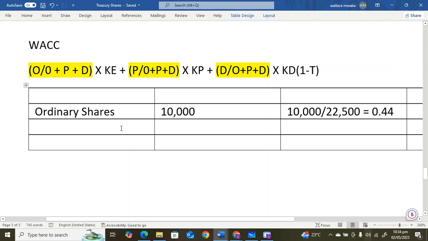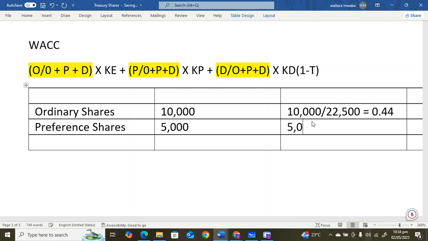Then preference shares: 5,000 divided by 22.5 is 0.22, so 22% from preference shares.